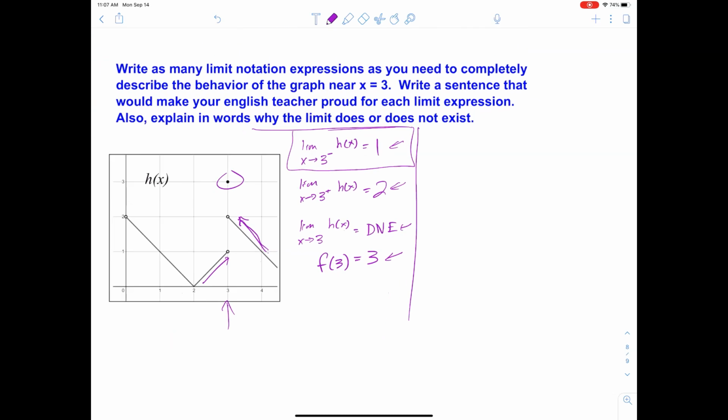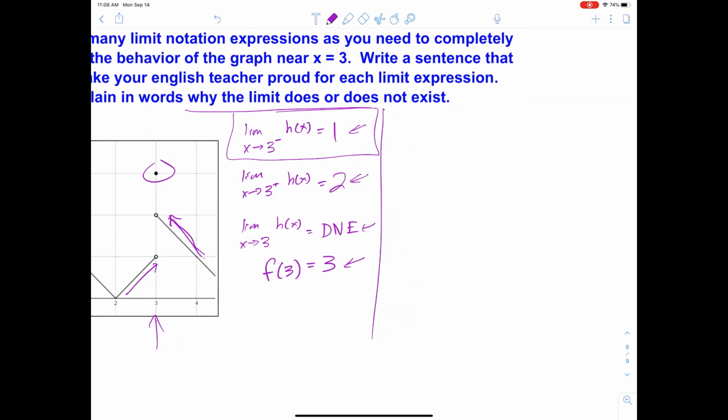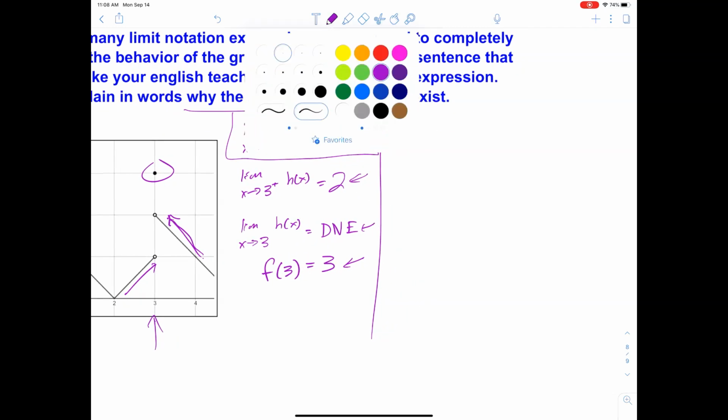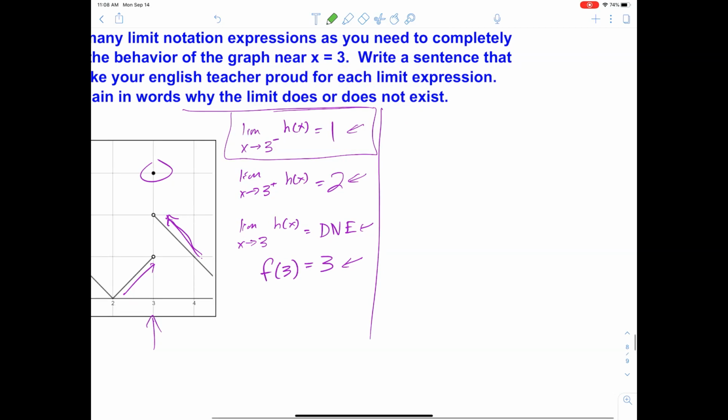I do want to explain in words why the limit does or does not exist. And in fact, I might even do it in mathematic notation because you're allowed to do that, because it shows off that you know what you're doing. So what you can say is, the limit as x approaches 3 from the left-hand side of h of x does not equal the limit of h of x as x approaches 3 from the positive side.